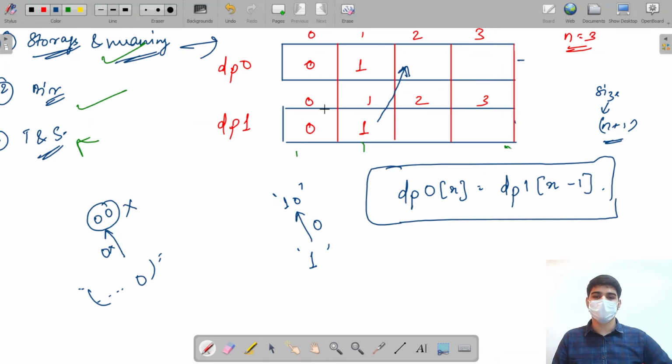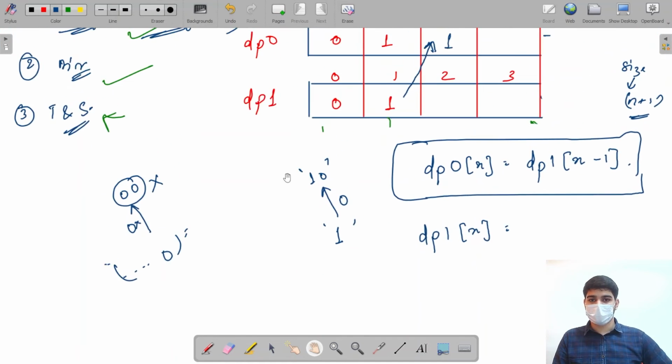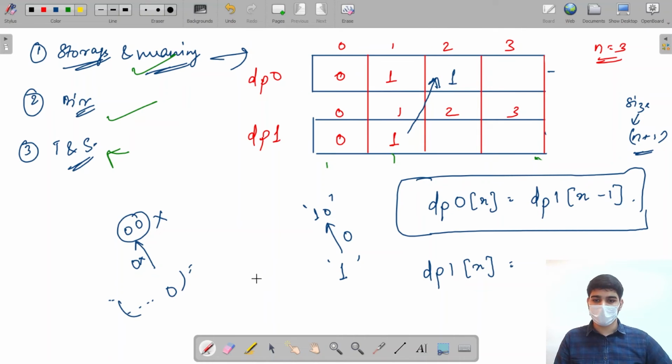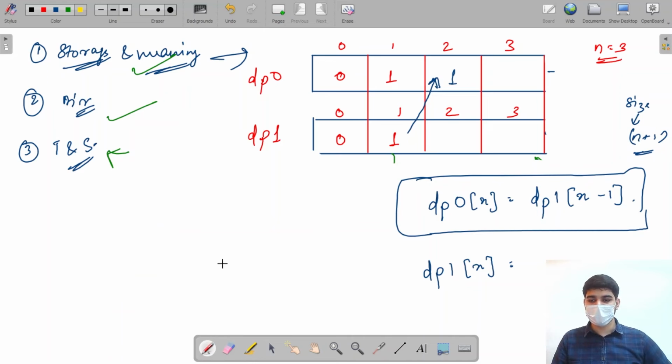I hope it's clear. So 1 would be over here as it is copied. And now if we talk about dp of 1 of x in a similar fashion, what we did was, if I had a string that ended with 0, I could add 1 to it and make 0 1, right?